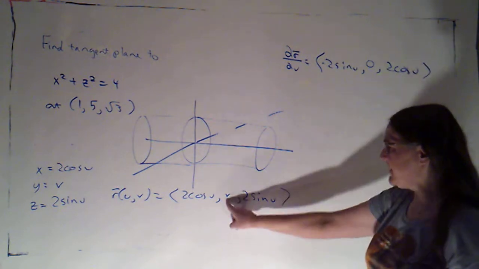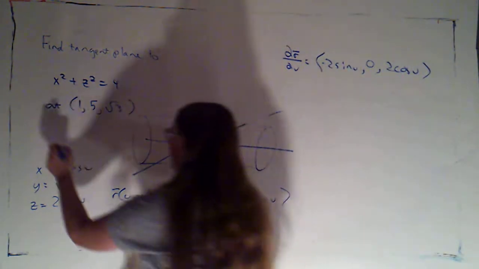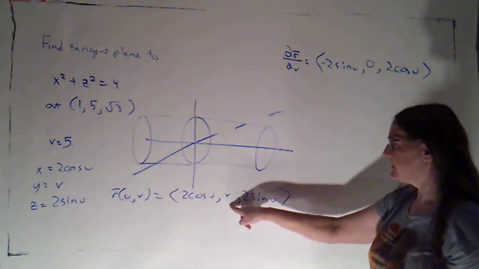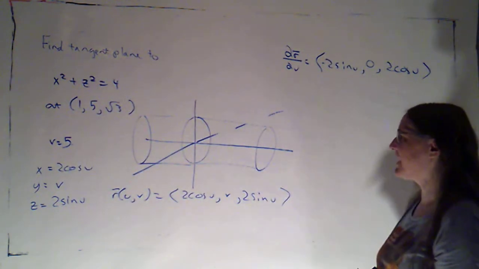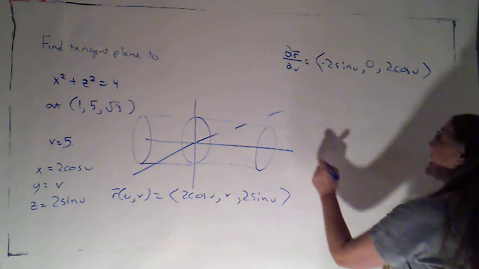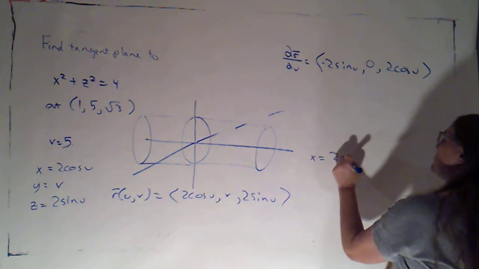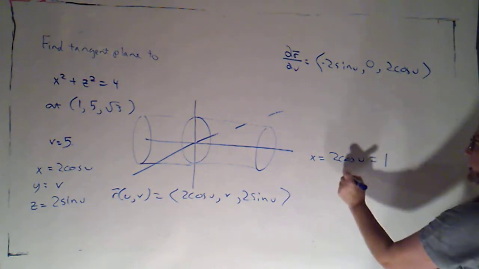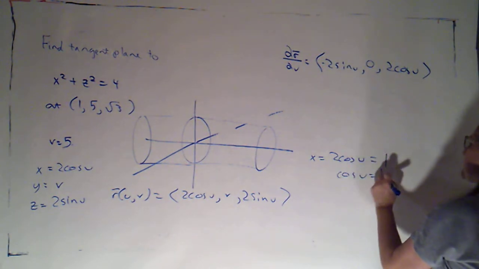So I think v is probably the easiest. v is going to have to equal 5 because y is v and y is 5. Okay, now if I look at my x value, that's supposed to be 2 cosine u, and at this point that's just 1. That means that cosine of u has to be 1/2.